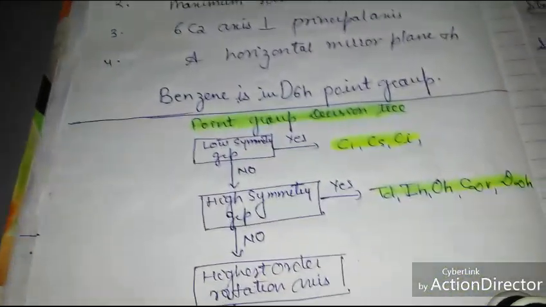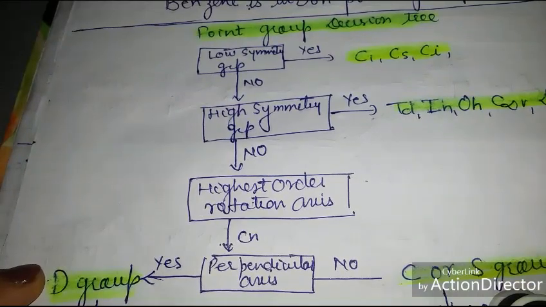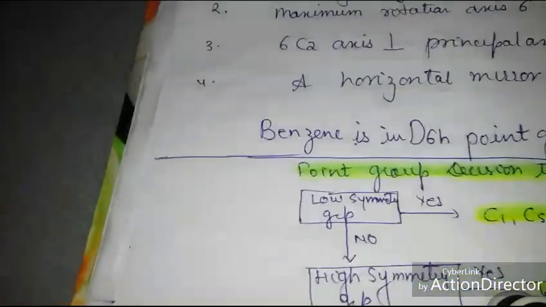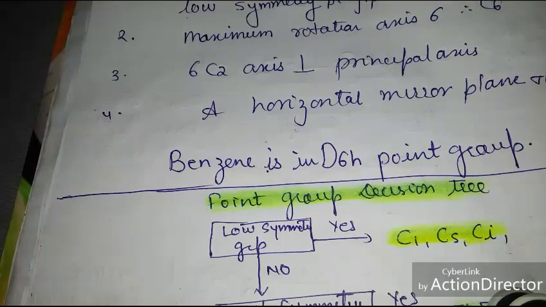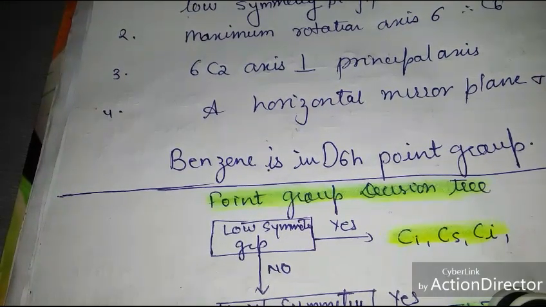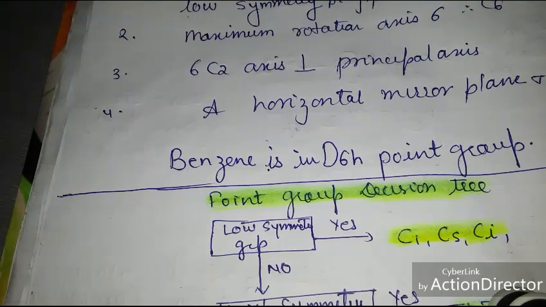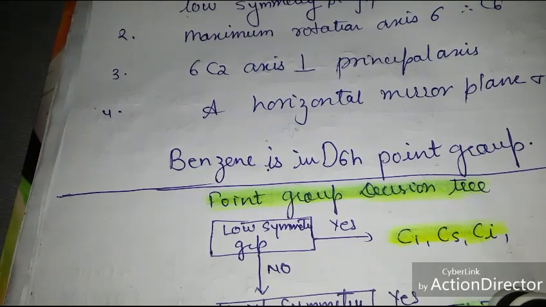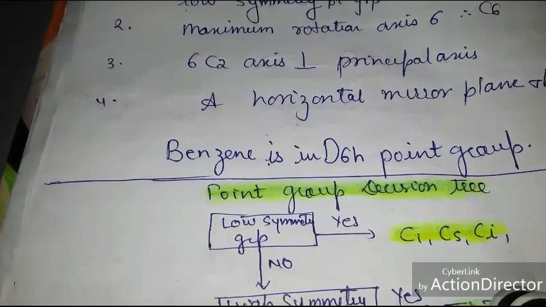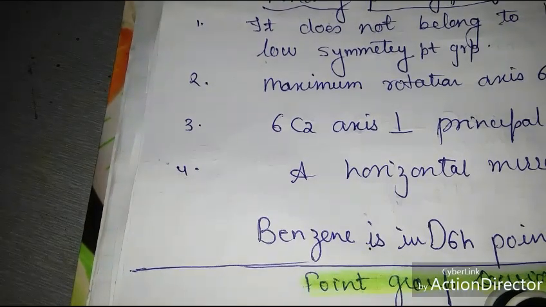And in the D group, it is having a horizontal mirror plane, so sigma H is there, so it is belonging to the D6H point group. So this is how we find out what point groups are present, and systematically we have to approach.